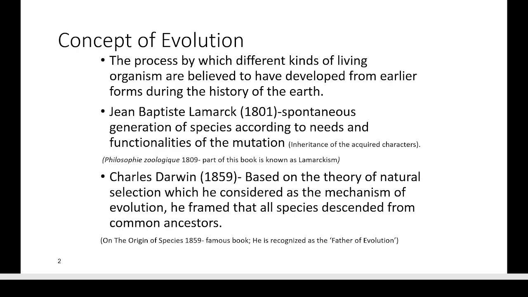First, I will discuss the concept of evolution. There are two main concepts of evolution, but before discussing that, first we need to understand what is evolution. Evolution is the process by which modern organisms have descended from ancient ancestors, and this is responsible for both the similarities as well as diversity across all the life forms.